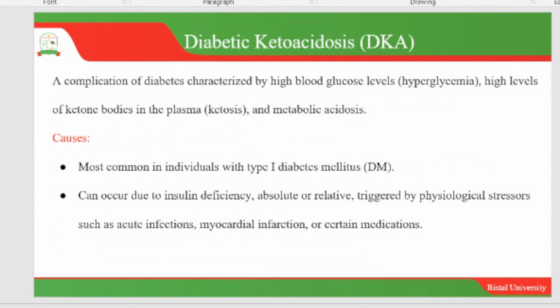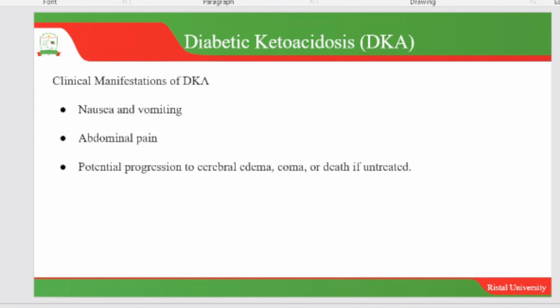It is the most common in individuals with type 1 diabetes mellitus, which we can also abbreviate as DM. This can occur due to insulin deficiency, absolute or relative, triggered by physiological stressors such as acute infections, myocardial infarction, or certain medications.